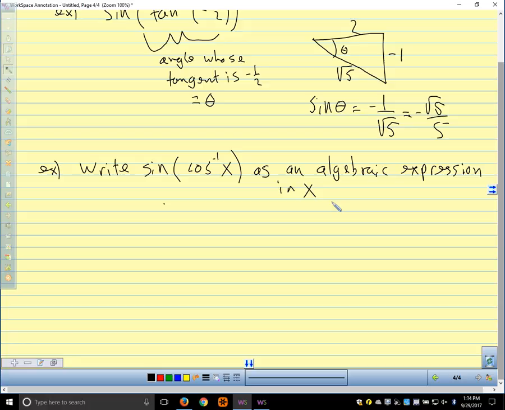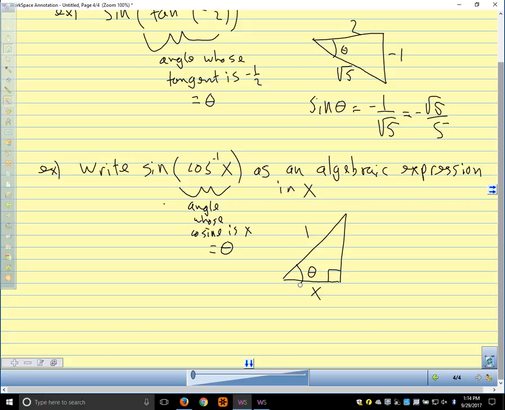This is really the same kind of problem, but instead of numbers, we have a variable here. This is the angle whose cosine is x. Let's call that angle theta. There's that angle whose cosine is x.